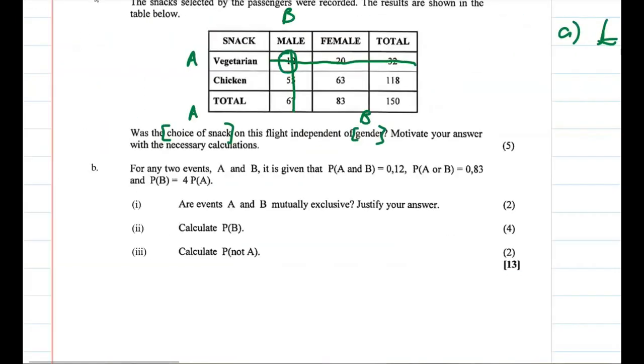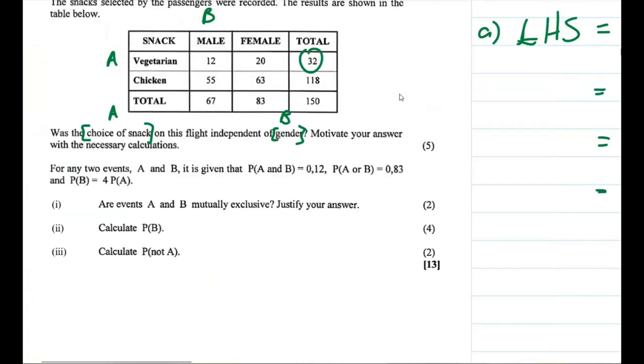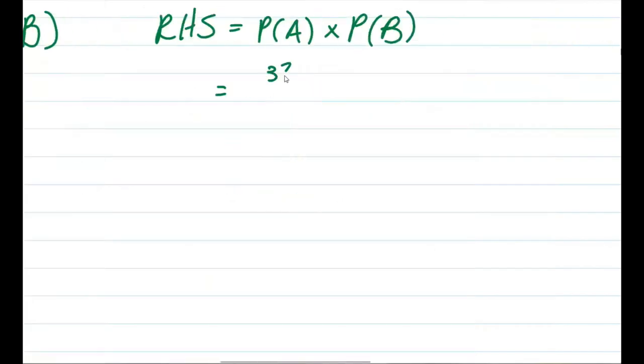Okay, now the right-hand side, we're going to take each of these individually. The probability of A. In other words, the probability that somebody is a vegetarian. What is the probability that someone is a vegetarian amongst all of these people? 32 out of 150. So that's 32 over 150.